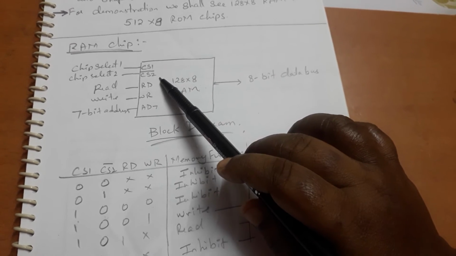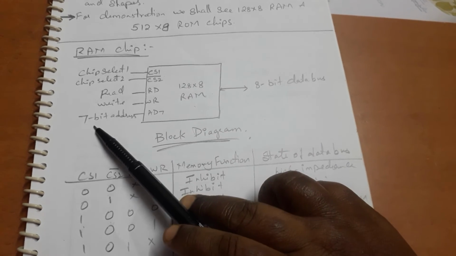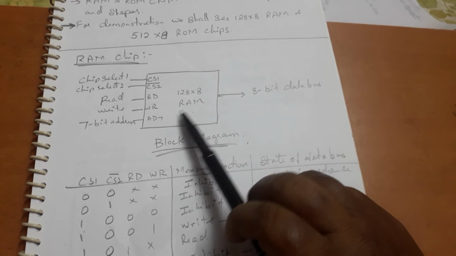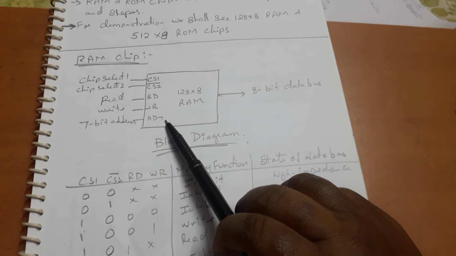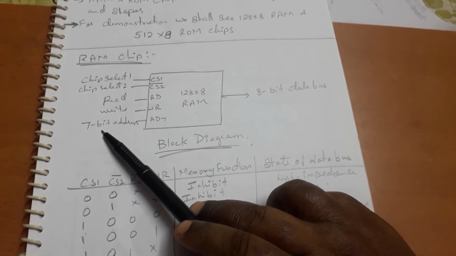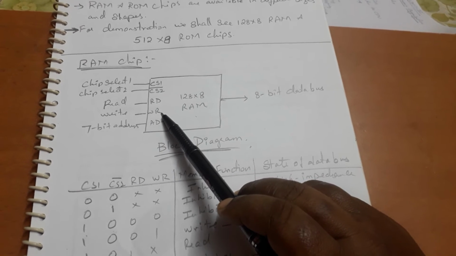Once you apply these values, you apply the 7-bit address. The address this RAM uses is a 7-bit address, which is produced here. Once you know the address, you can do your work.